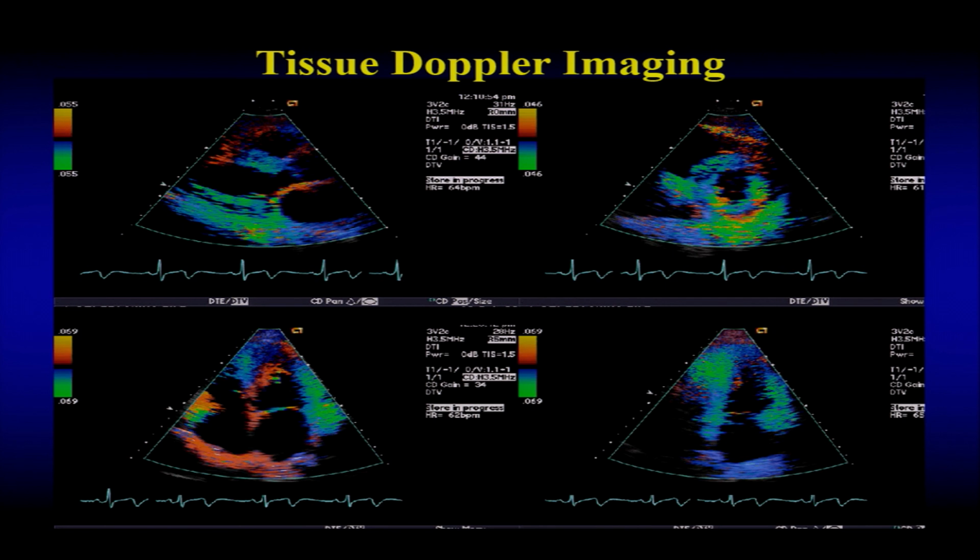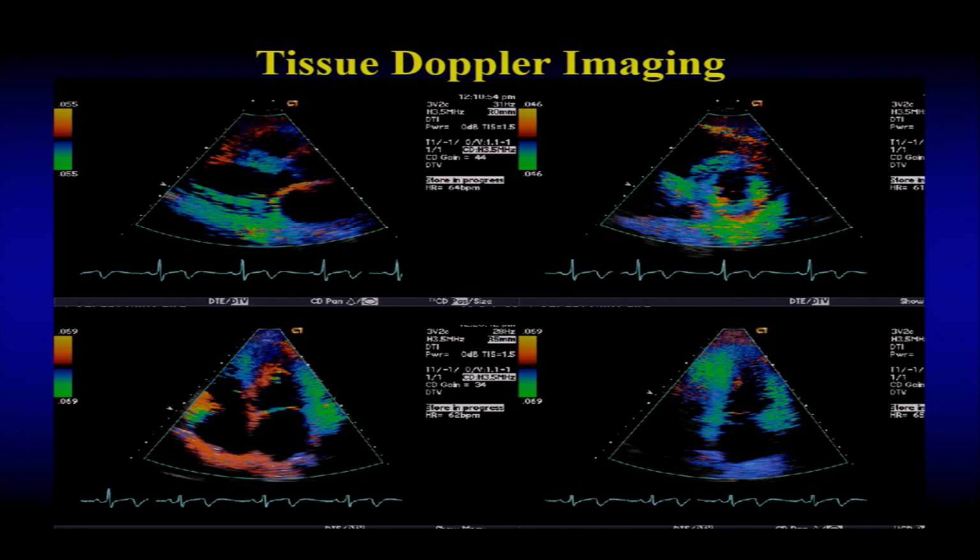Tissue Doppler. Well, tissue Doppler for many, many years we ignored because it was a nuisance. And we had filters because we were interested much more in the cavity than the tissue itself. It's very different from what you see in the ventricle, in the blood itself.